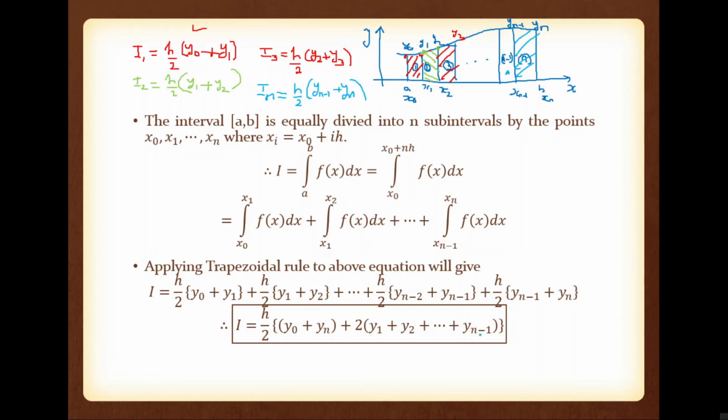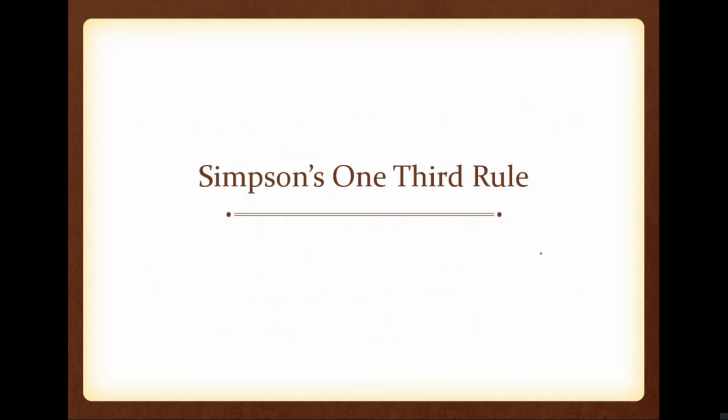The composite trapezoidal rule is I is equal to h by 2 into y0 plus yn plus 2 into y1 plus y2 plus etc. plus yn minus 1. Please note down this equation. This is the composite trapezoidal rule, and we are going to apply this equation. So next one is Simpson's 1/3 rule.